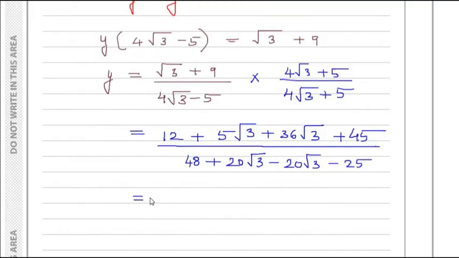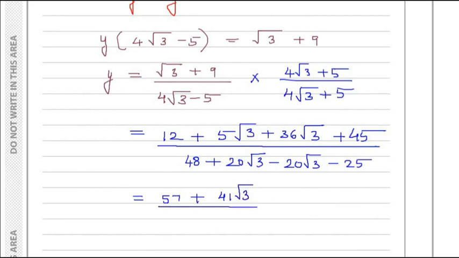Now simplifying this, in the numerator we have 12 plus 45, which are like terms. When we add them, we get 57. Plus 5√3 plus 36√3 are like terms, so we get 41√3.